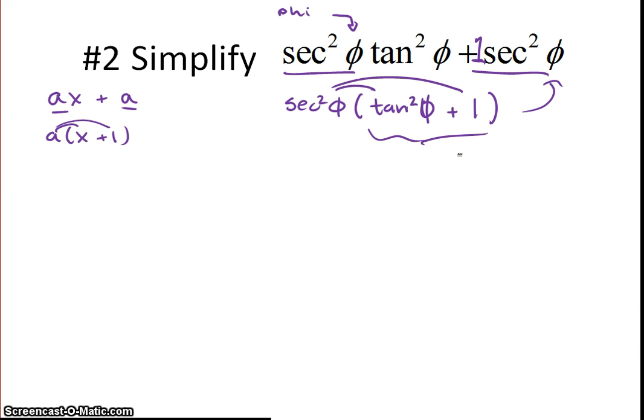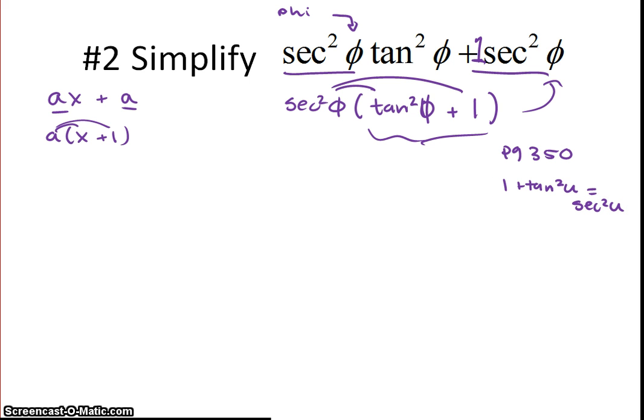So you need to look back at the Pythagorean identities. Looking at the identities in your book on page 350, you see that tan squared phi plus 1 is one of the Pythagorean identities. The Pythagorean identity is 1 plus tangent squared of u equals secant squared of u.